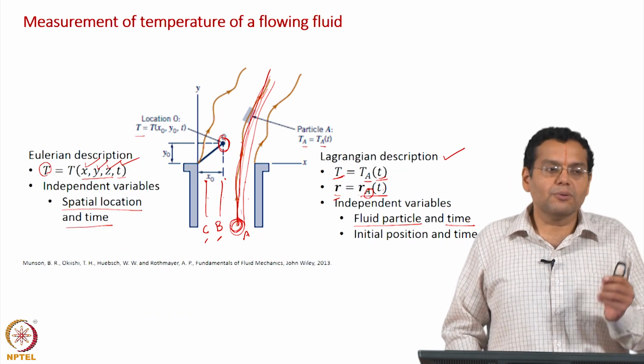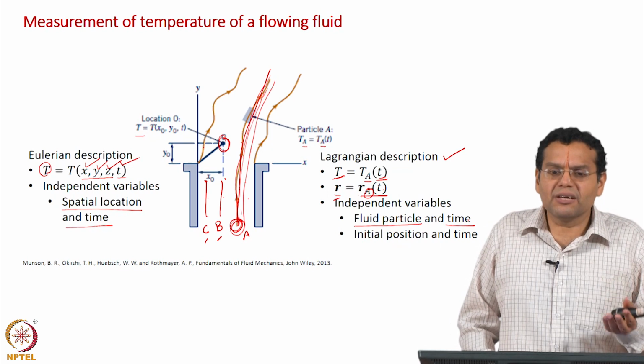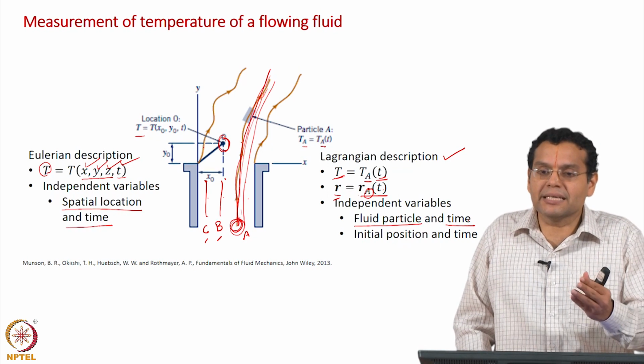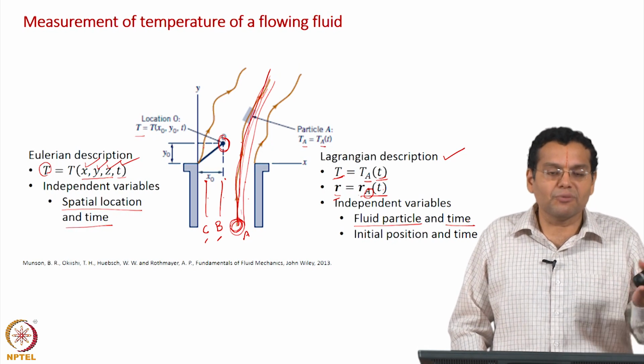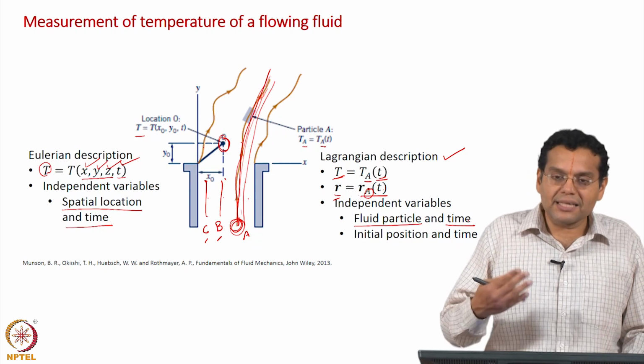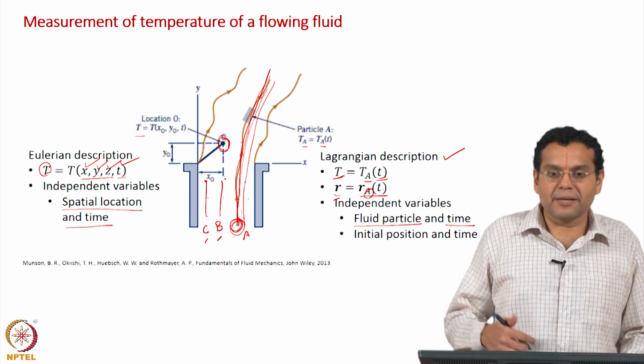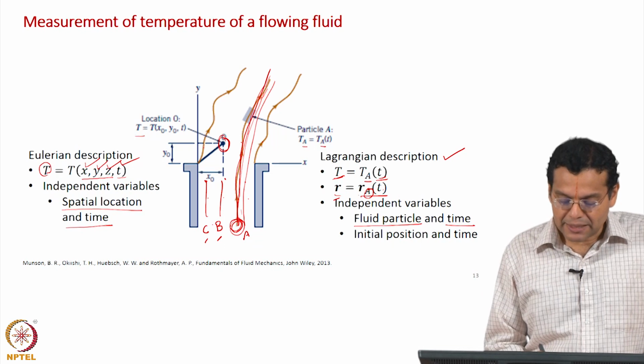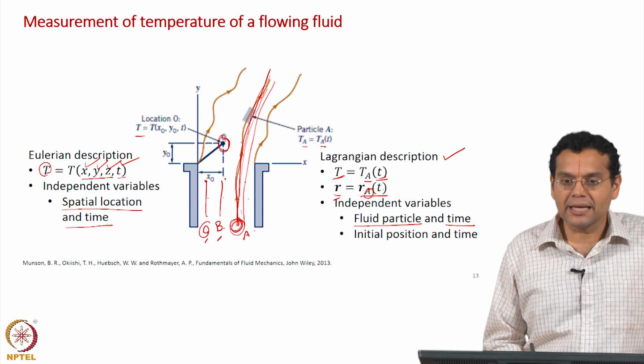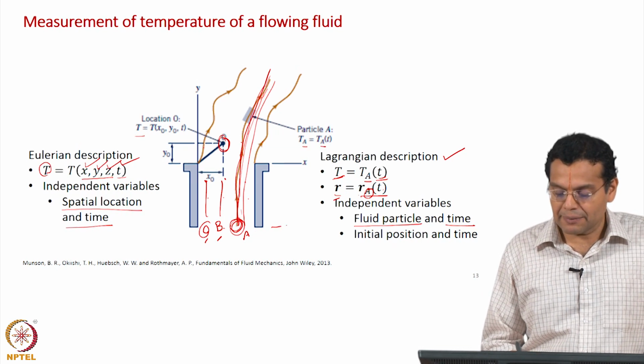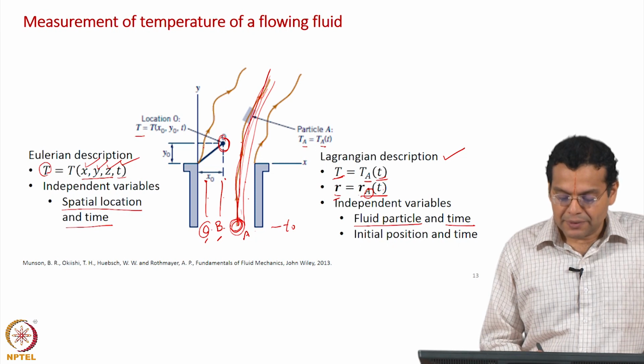Okay. Now, it is a little inconvenient to say particles A, B, C are independent variables. You can't even quantify how many particles. So, you need another way of specifying independent variables. So, what do we say? Instead of saying particle A, B, C, I will say that at a particular time, let us say some t naught or 0, a position occupied by the particle.